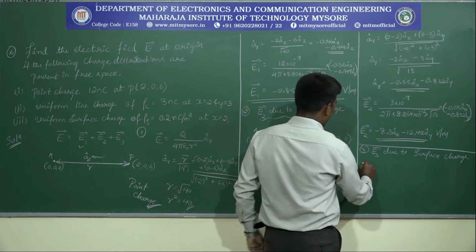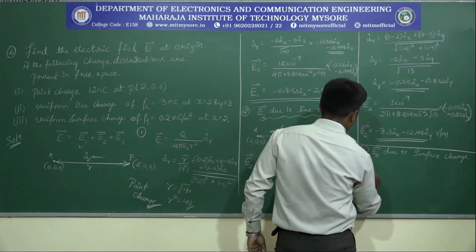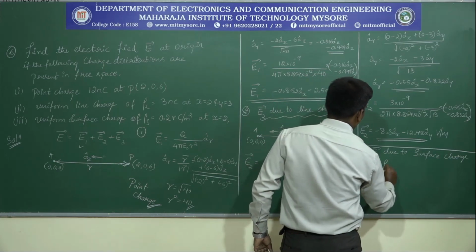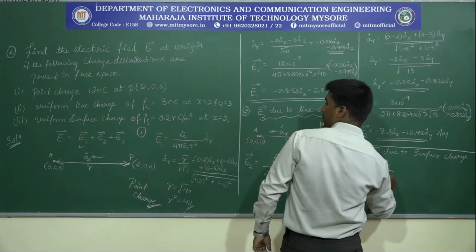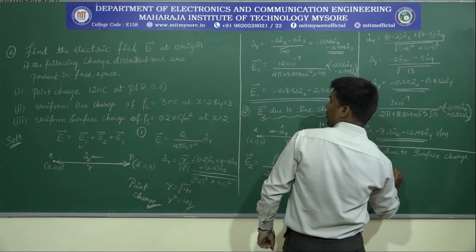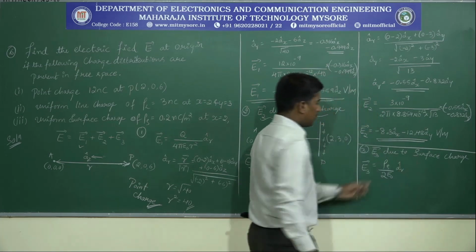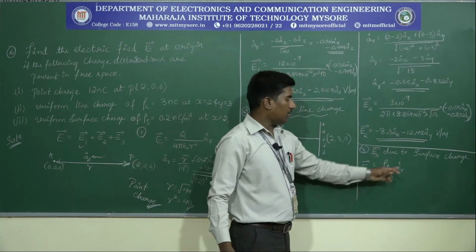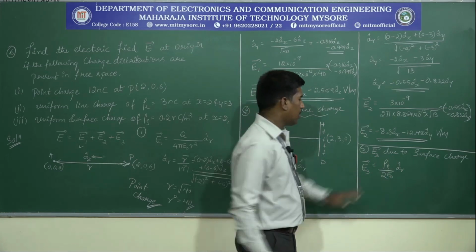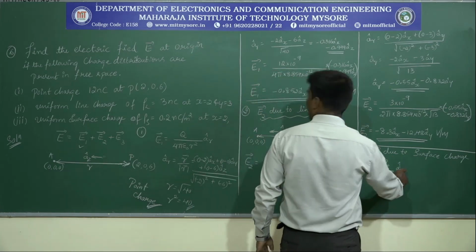So what is the equation for that? E3 is equal to rho S divided by 2 epsilon naught into a cap r. This is the equation.